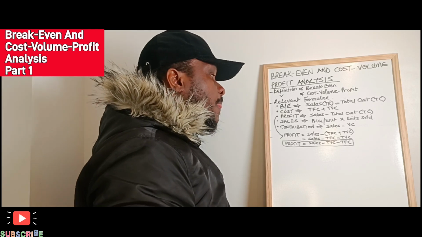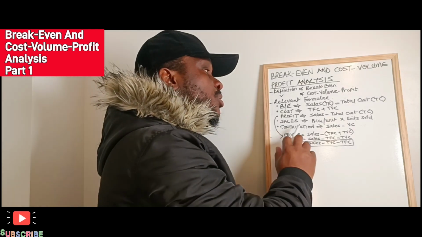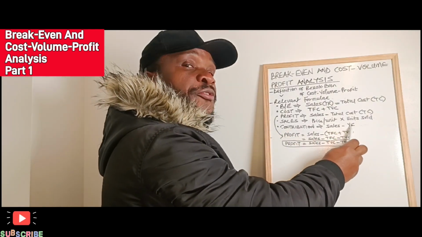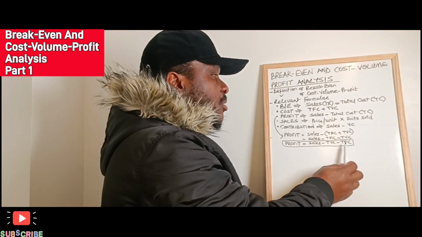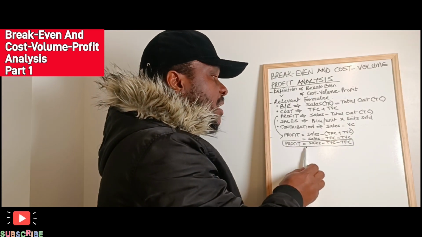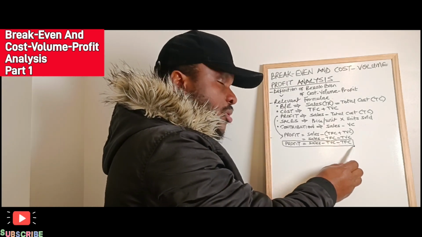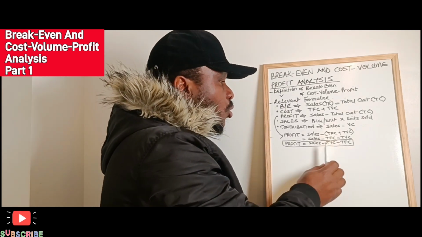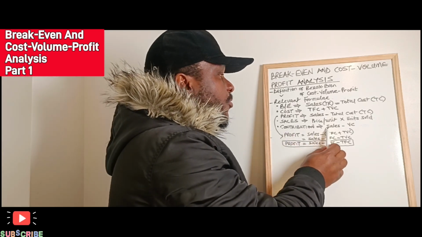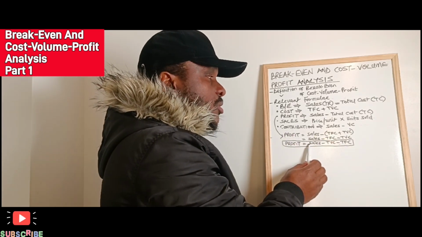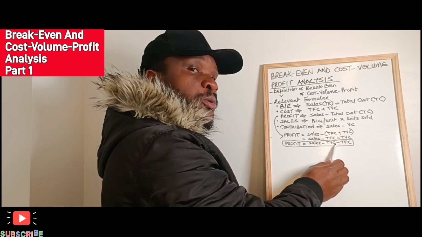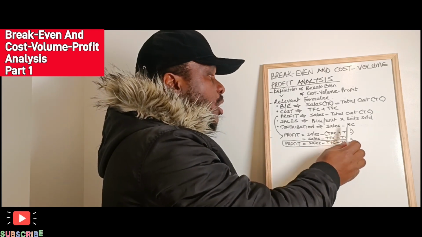Now again, contribution is what? Sales minus variable cost. If you look at this second formula for profit, I said sales less variable cost less fixed cost. Can you see that? The formula for contribution starts from sales to variable cost, which is what we have here.